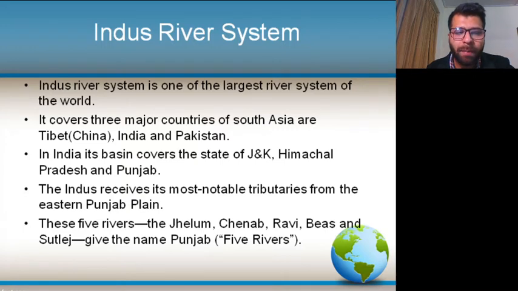And that is why the name of Punjab state has come up. The word Punjab is derived from two words. Panj means five and Ab means water. So basically, the meaning of the state Punjab is the land where five rivers flow.